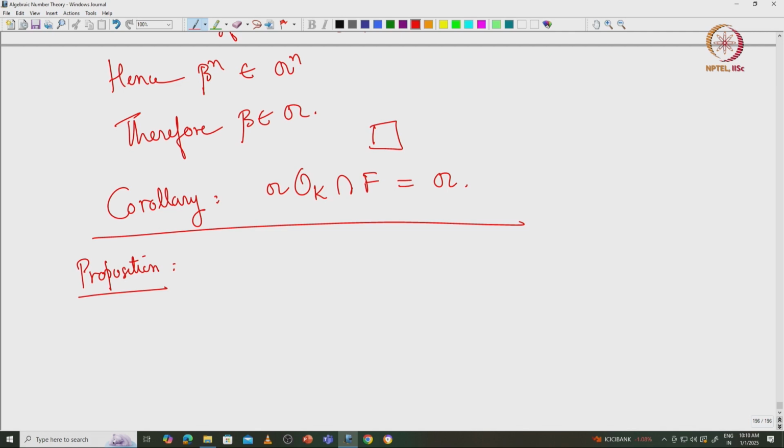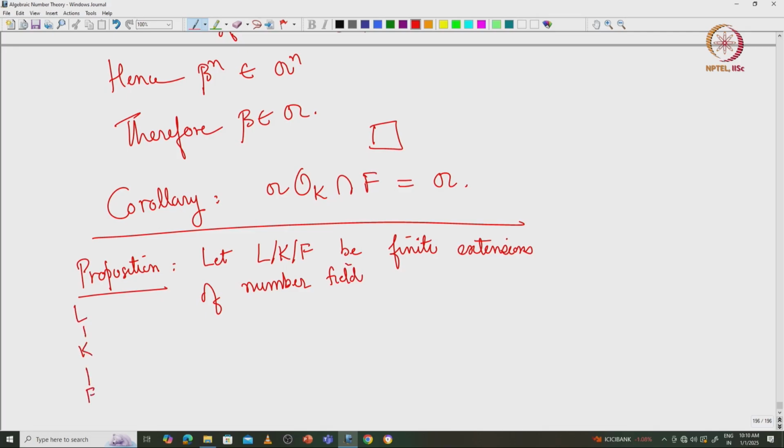Let L over K over F be finite extensions of number fields. In terms of this tower of number fields, it will be a tower like this.